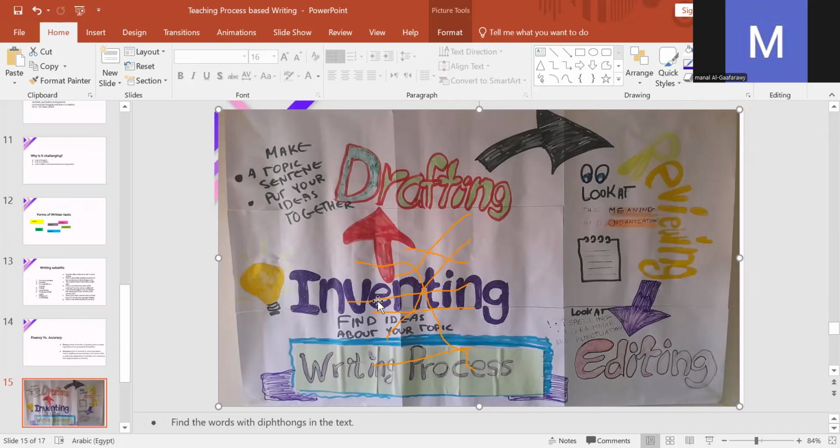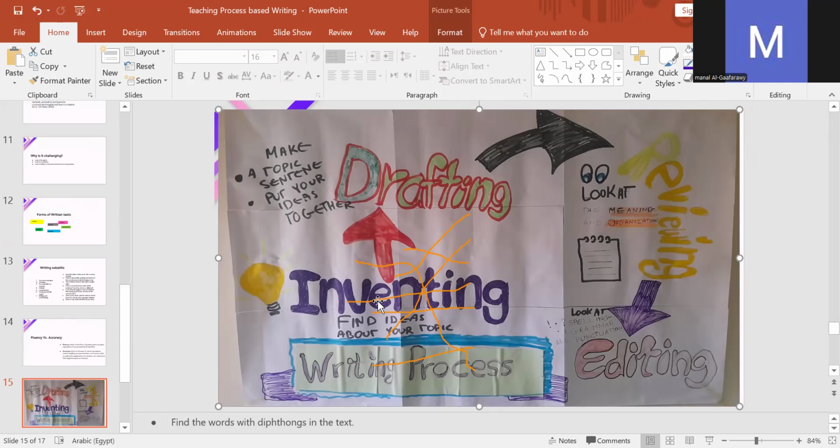And inventing, the purpose of this stage is to help students find ideas about the topic they're writing about. Because, if you remember, one of the main reasons why writing is challenging was lack of thoughts. So at that stage, my focus is on helping students come up with ideas. And here we have to stop for a moment, because coming up with ideas does not only depend on students' brains and minds, because some of the students may have no idea about what the topic is.